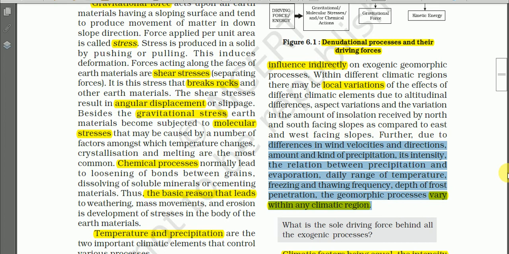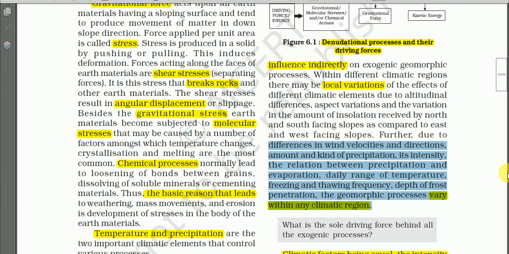So within the same climatic region, because of these differences in the precipitation type, in some areas there may be snowfall, and in some other areas there may be rainfall. This is what I call variation in the precipitation type.